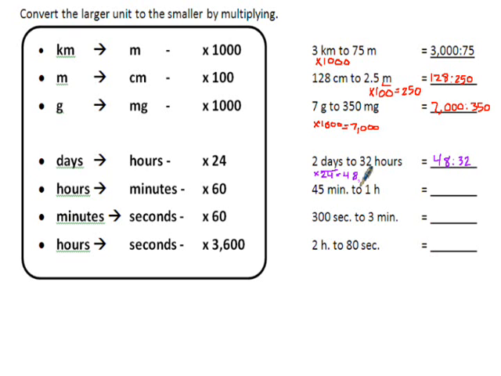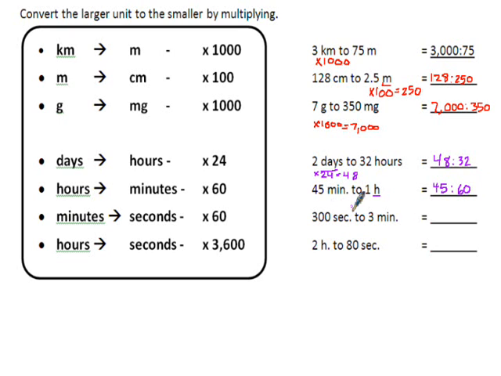To make 45 minutes to 1 hour into a proper ratio, we're going to change the hours, which is the bigger unit, into minutes. So there's 60 minutes in 1 hour, or we could say 1 times 60 is 60. So our new ratio would be 45 to 60.